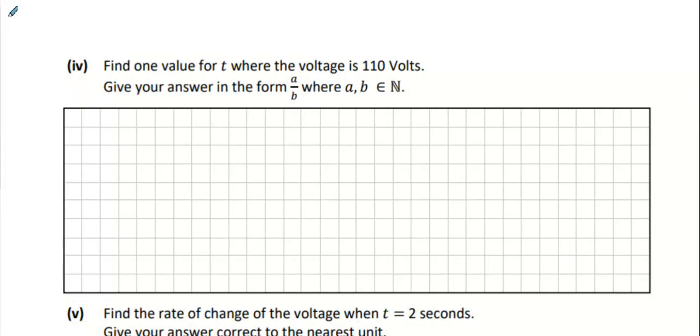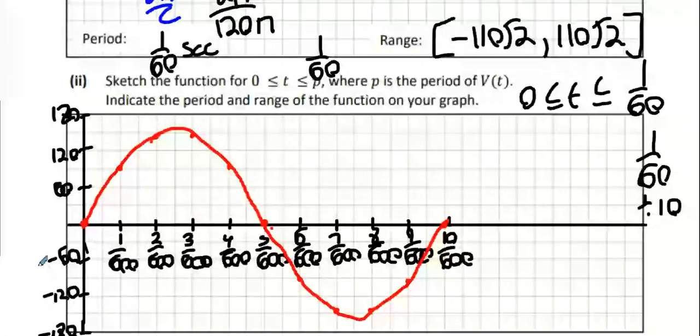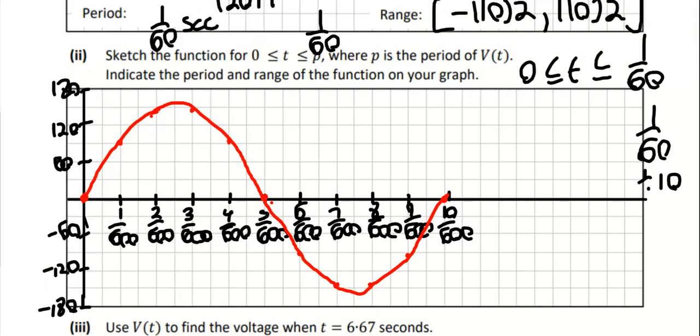Now, find one value of t where the voltage is 110. Give your answer in fraction form. Oof. Now, I can use my graph to get a rough estimate. It doesn't say using my graph, and my graph won't be accurate enough. So if that's 90, 110 would be around here-ish, somewhere between 1 over 600 and 2 over 600.